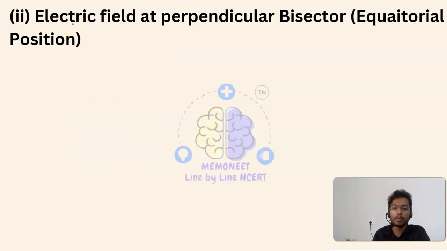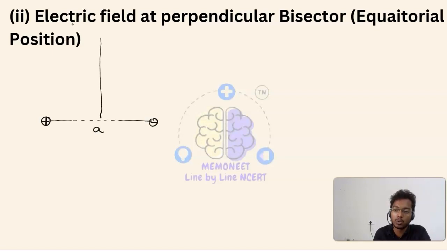Field at the perpendicular bisector, that is the equatorial position. Let's say we have a positive charge here and another negative charge here, separated by distance a. Okay, the equatorial position means the perpendicular bisector position. If we draw the perpendicular bisector to these two charges, then it will be on this line.